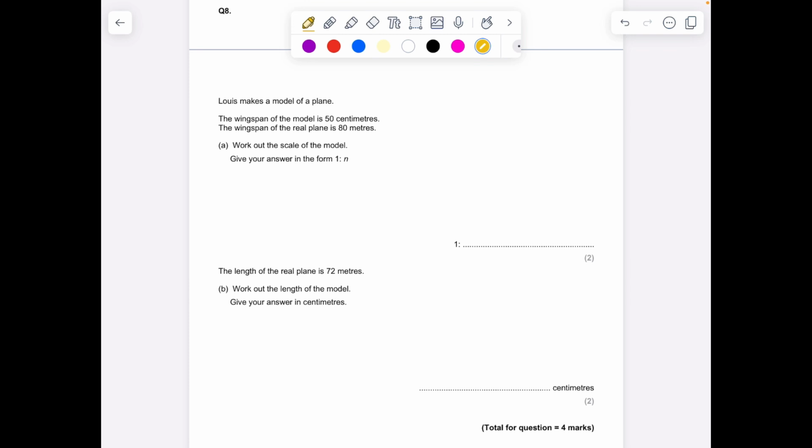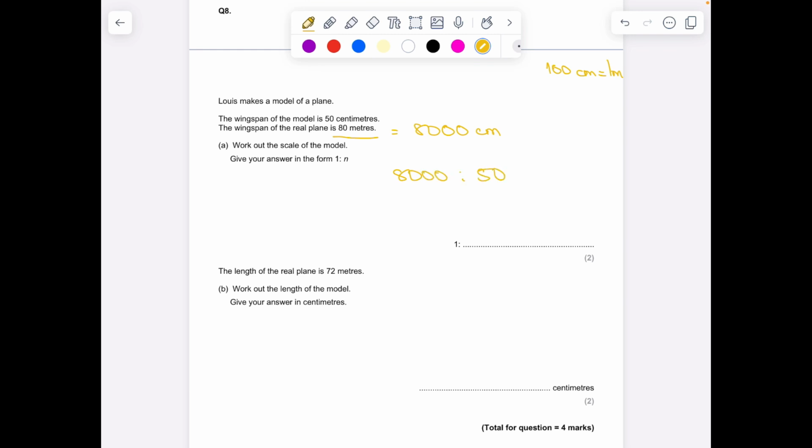And so I am going to say that the real one, 80 metres, so there are 100 centimetres in 1 metre. So I'll just write that up here, 100 centimetres in 1 metre. So 80 metres is 8,000, because I've just times that by 100, 8,000 centimetres. So it's 8,000 to 50.